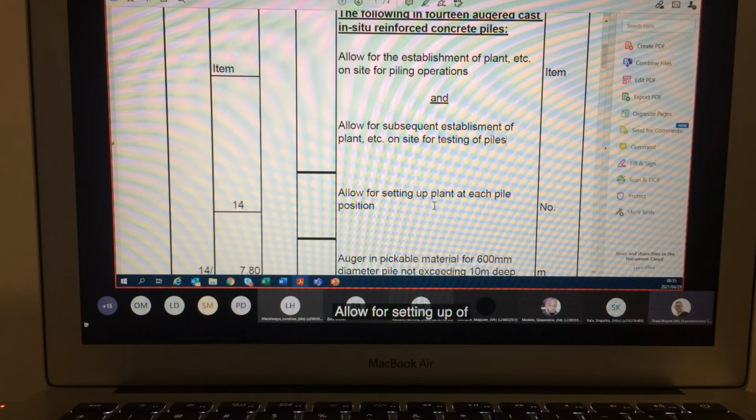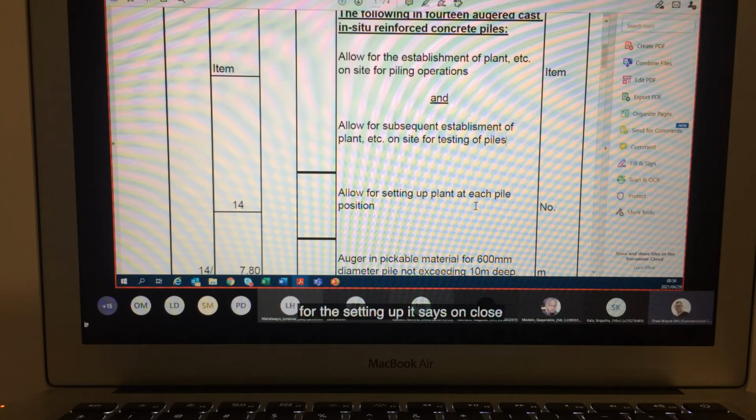Allow for setting up of plant at each pile position. Now, clause 4 on page 20 in the standard system says, and guys, the thing with piles is it's so easy, because you follow what the standard system says, and you just need to substitute the quantities or the lengths that we need to determine in this regard.